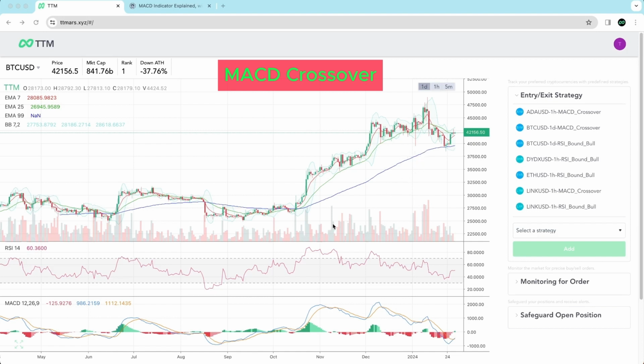On the other hand, if MACD is crossing above the signal line, it means the market is turning bullish. So as you can see at this point and at this point, the MACD is crossing above the signal line. If you check the price chart, you will see the price is turning its course and turning bullish in this section.